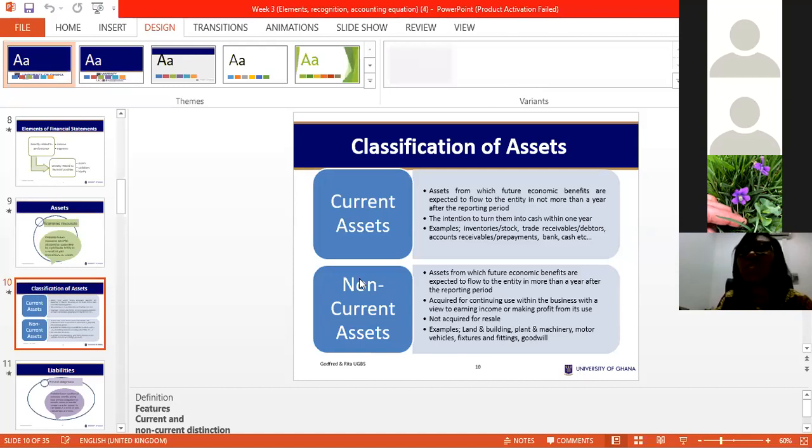Though you would see in some textbooks as fixed assets, they are not current because their usage is expected to span more than one financial year. So yes, they are fixed, but not all of them are fixed, and not all of them are tangible.